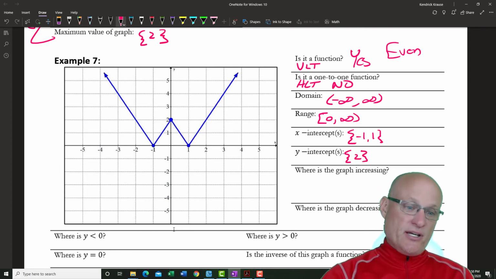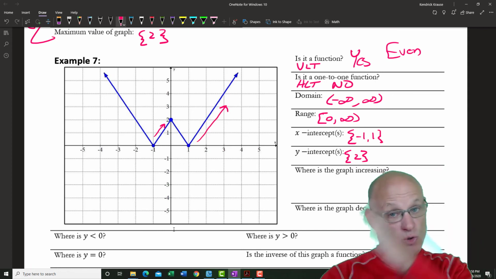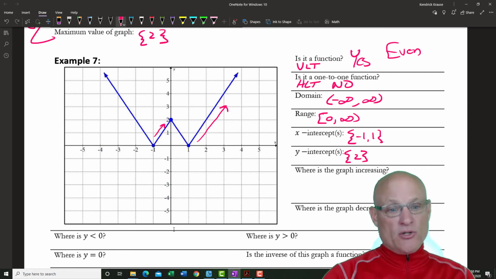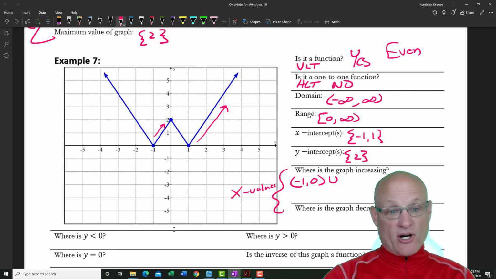Increasing. It's increasing here and here. And remember, anytime you have something in two distinct places, that's an OR. So from negative 1 to 0, remember we're still using x values, do not include endpoints, or, and then starting from 1 to infinity.